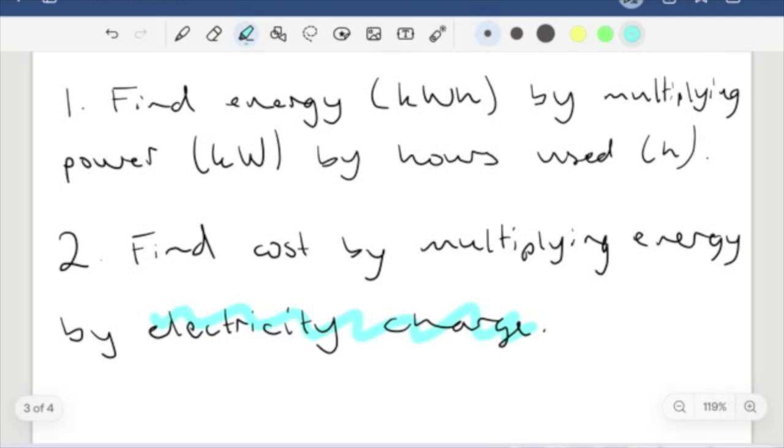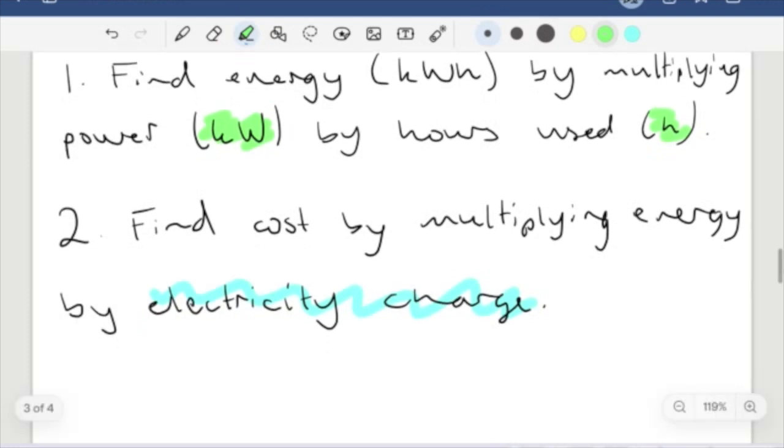We find the energy first by multiplying the power in kilowatts by the hours used, remembering we need these particular units, kilowatts and hours, so we may need to do some conversions in our questions. Then we just find the cost by multiplying that energy we use in kilowatt hours by the particular cost rate.